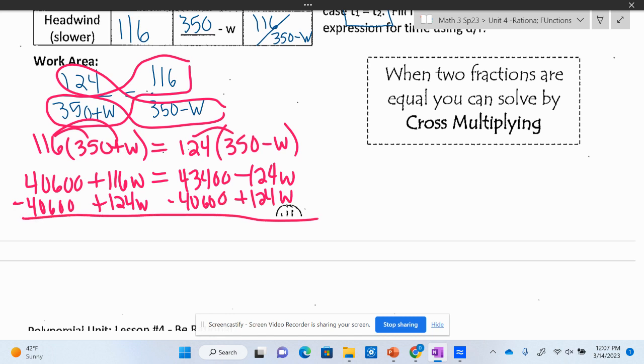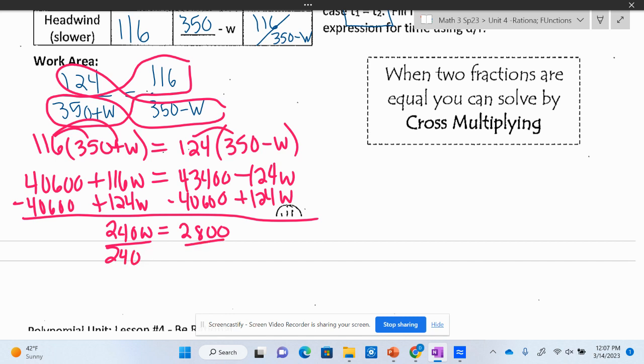So let's see, 2, 3, this should become 240W equals 2,800? Who's my calculator head? Is that right, Jack? Is that what you're raising your hand for? You got that? 43,400 minus 40,600, yes, that's correct. Okay, divide both sides by 240.